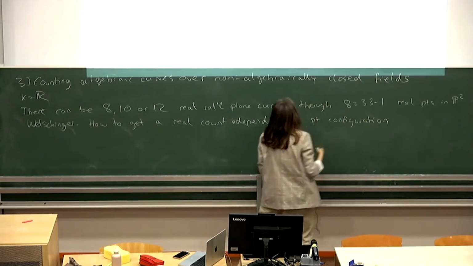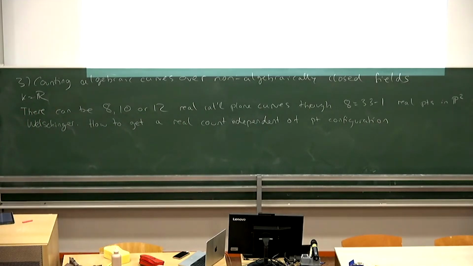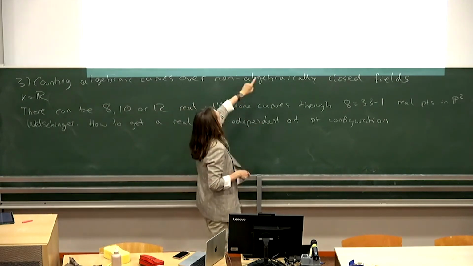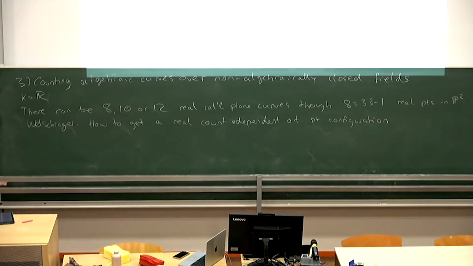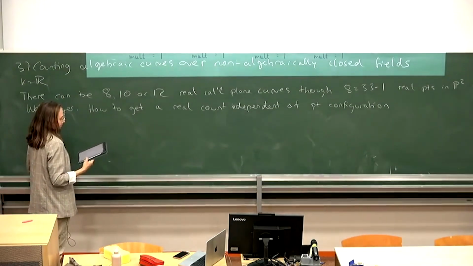So here, these numbers, 8, 10, and 12, they depend on the chosen configuration of real points. But Grothendieck tells you how to get an independent count, namely by classifying real curves into 2 types. We've already discussed that each of these tropical curves has a node, and this is also, from the degree genus formula, true for degree 3 curves. They will have a real node if I have a real curve.